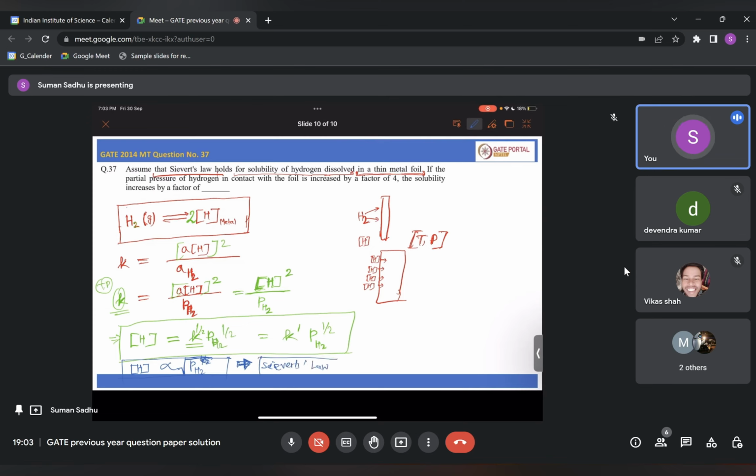Now you can see, even if you don't know Sievert's law, you can derive it. Just by reading the question you can get up to this point. You can also derive the equation, right? So we have to read the question carefully, that is the reason.